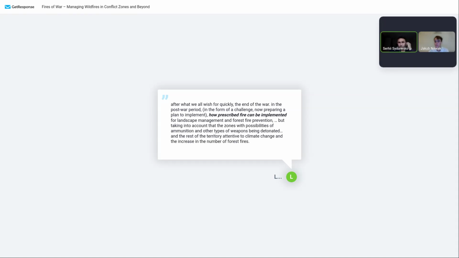What tools do we have? Actually, we have a robotic system to prepare the safe zone, and also a drone with dragon balls to actually put a fire. But for this, we need the prioritization.